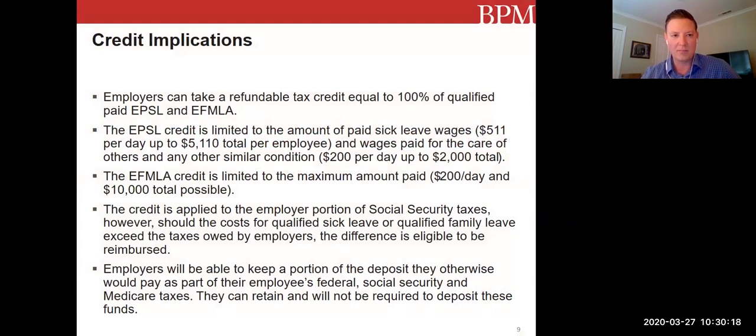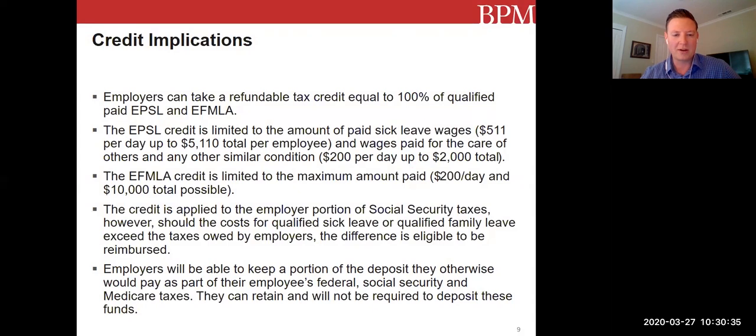Again, it's $511 per day, or the maximum that they're getting paid per day, for up to 10 days for a maximum of $5,110. So that would be the credit for the people who are themselves sick or quarantining themselves and are unable to work.